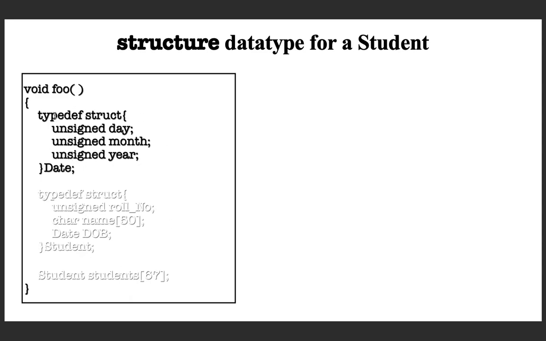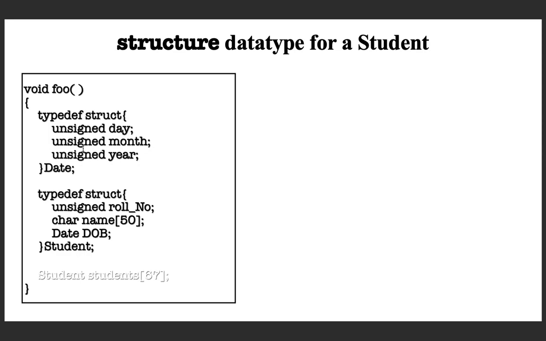For that, I am defining a new compound data type called date, which has three fields: day, month and year. Each one is unsigned. Now using that data type, I am defining another compound data type, namely student, which has three fields: the roll number, which is an unsigned integer, name, which is a character array of length 50, and the third one is date of birth, which is a variable of this structure.